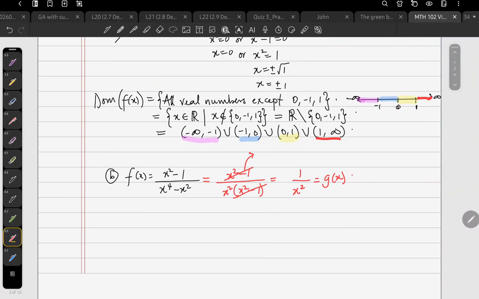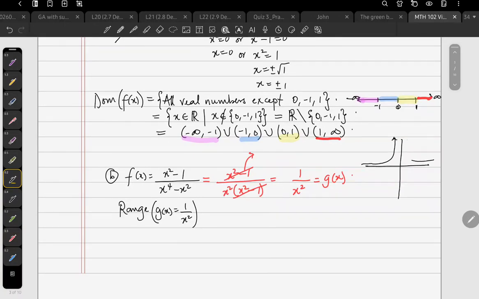So how do we get the range of g of x? What's the range of g of x, which is 1 over x squared? If you are conversant with the graph of 1 over x squared, this is how it looks.